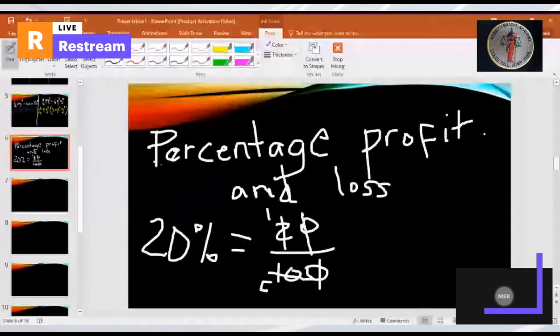So 20% is 1/5. Therefore, if asked to find 20% of anything, you're only being asked to find 1/5 of that thing. So just divide the thing by 5. So 20% of 60 is the same as dividing 60 by 5. Right? So that's really what we're saying.